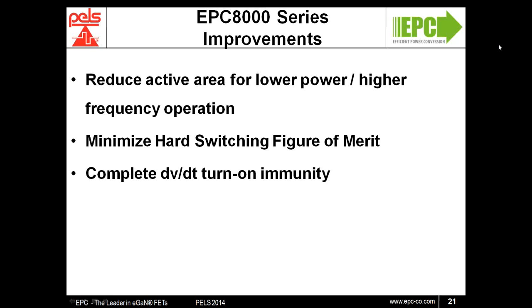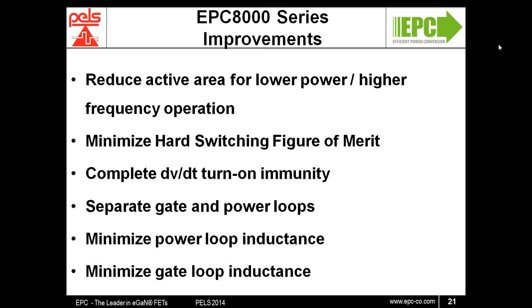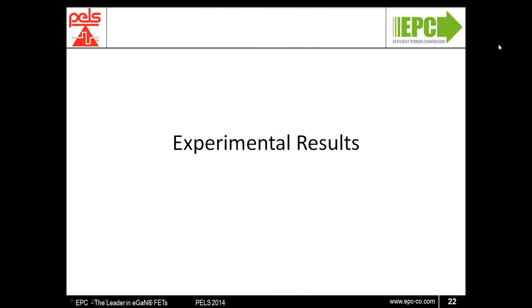Separate out the gate and power loops to minimize common source inductance, and then minimize both the power loop and gate loop inductance separately through a pinout structure where these loops are orthogonal to each other and also allow the current to flow perpendicular to the pads, resulting in wide, short traces to minimize the overall PCB inductance.